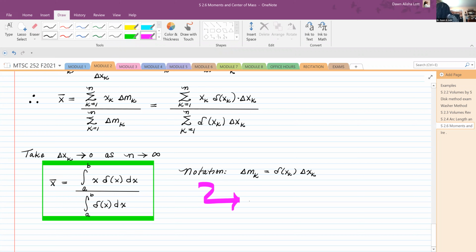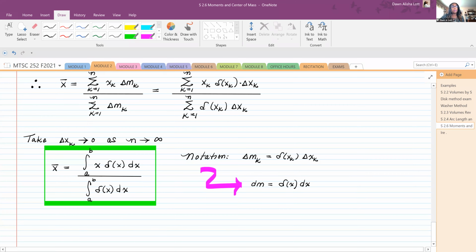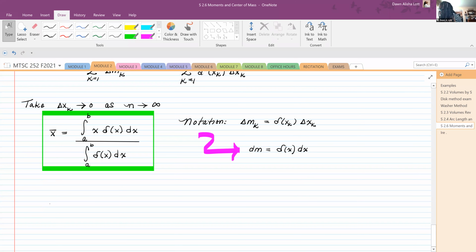We're now going to come up with a differential for the mass. So dm is always going to be delta of x times dx. So another way of writing this is x bar is the integral from a to b of x dm, divided by the integral from a to b of dm.